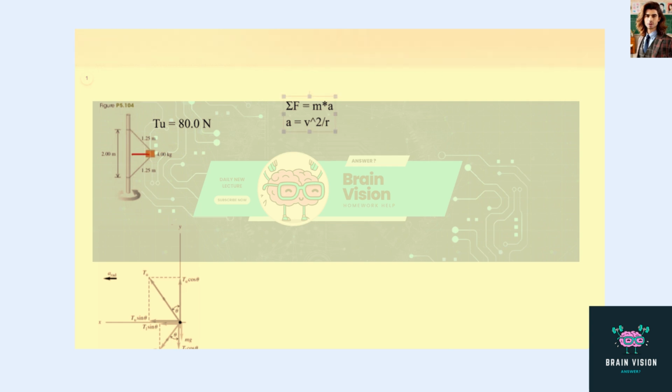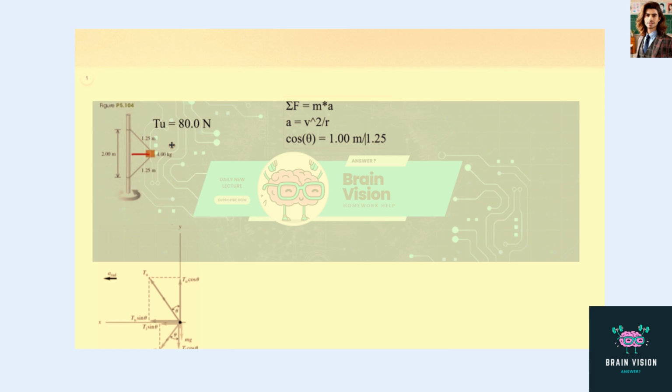We can set up using the fact that the cosine of an angle is equal to the adjacent side over the hypotenuse. So cosine of theta, where theta is indicated down here, is equal to 1.00 meters, the height, divided by the hypotenuse, which is 1.25 meters.